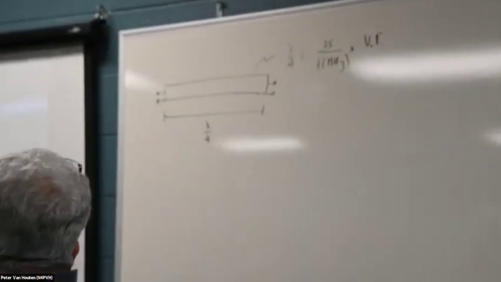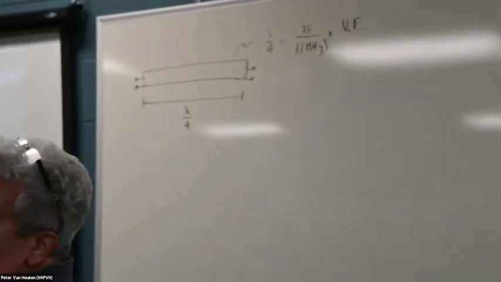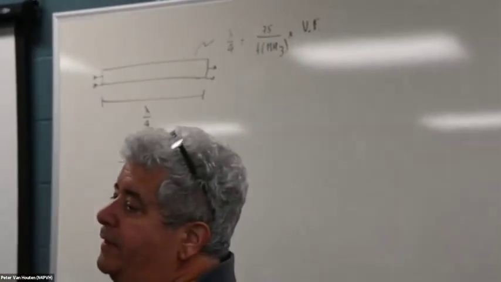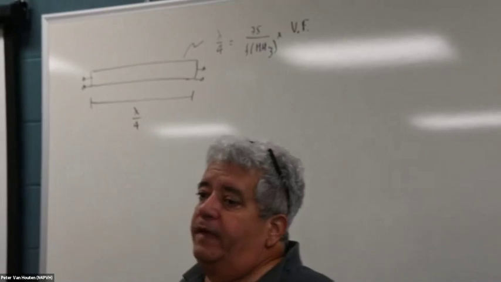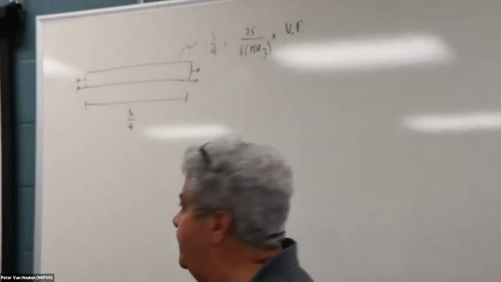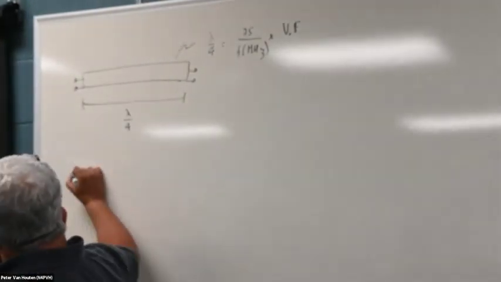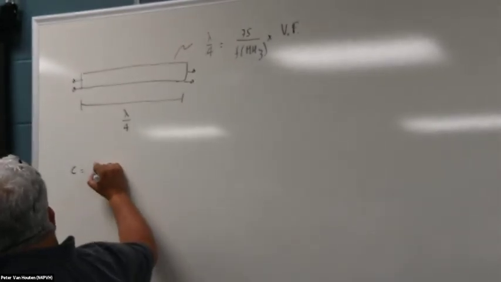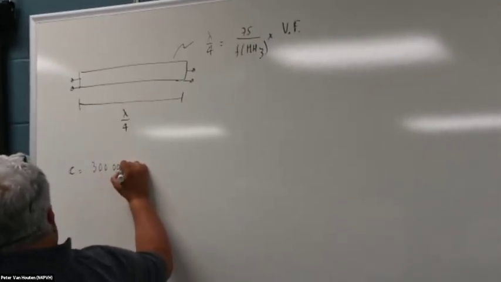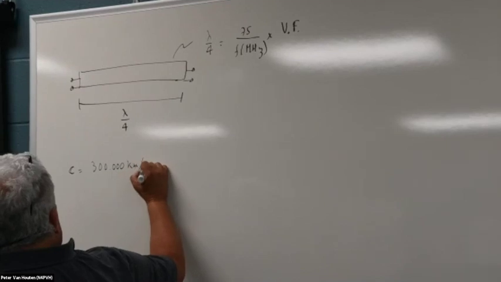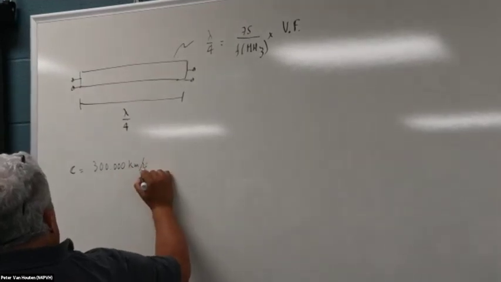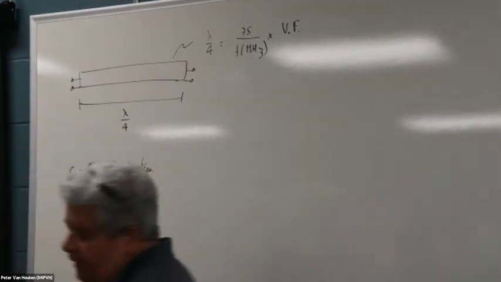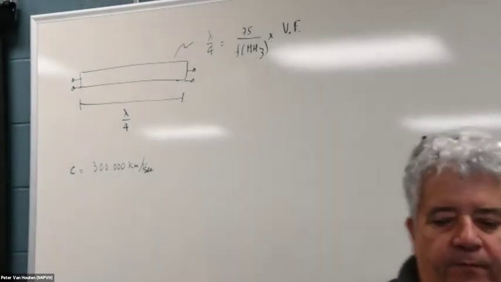The transmission lines, when the waves are propagating inside them, they don't go at the speed of light, which is represented in physics by the lowercase letter c, which is 300,000 kilometers per second.